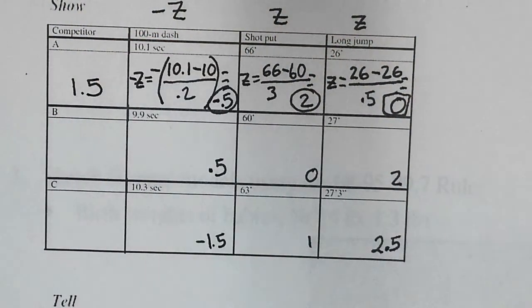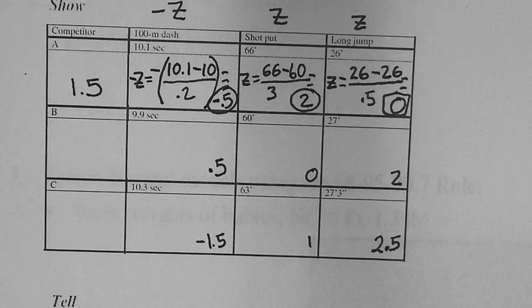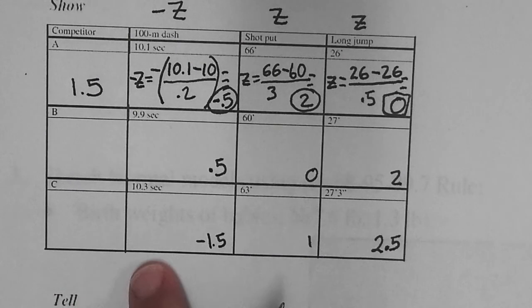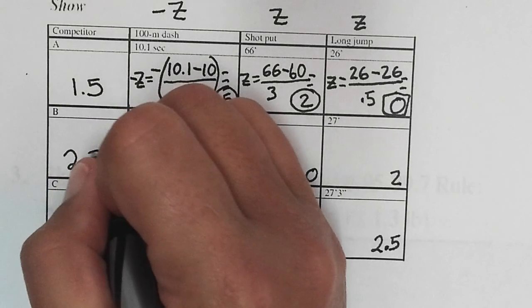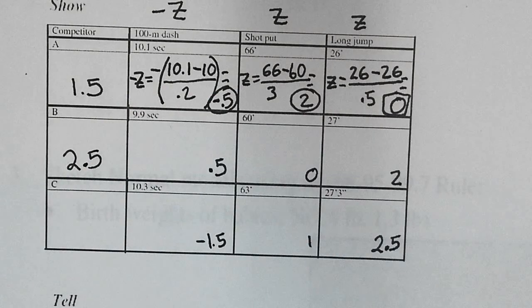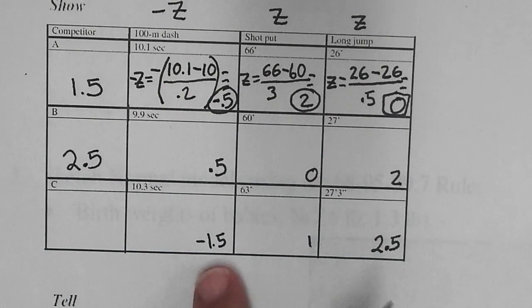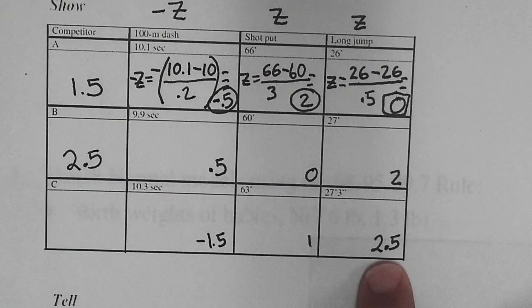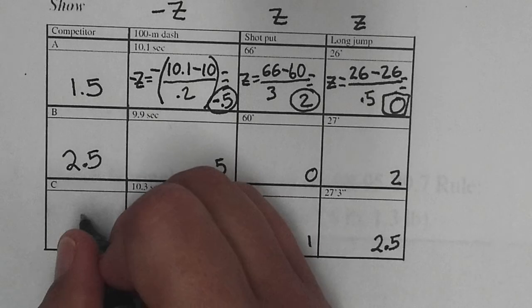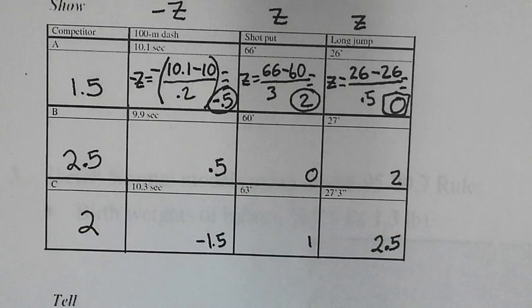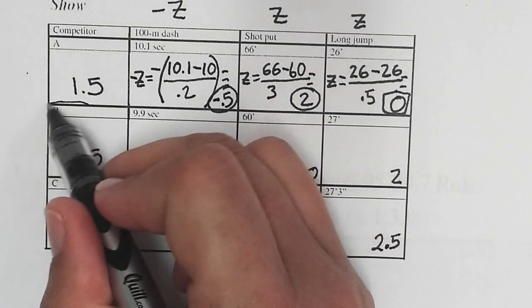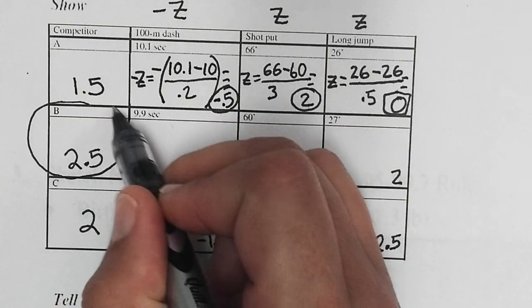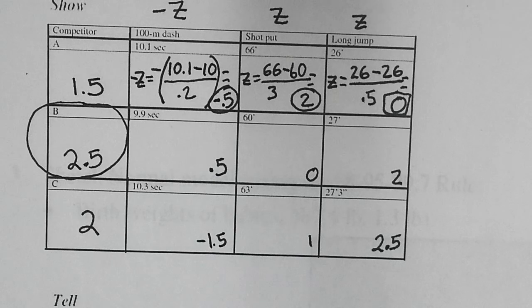So overall, competitor A performed 1.5 standard deviations above the mean. Competitor B, 2 plus 0.5 is 2.5. And competitor C, we have a negative 1.5, a positive 2.5, and a positive 1. That gets us 2 standard deviations above. Okay, so overall, competitor B should get the gold.